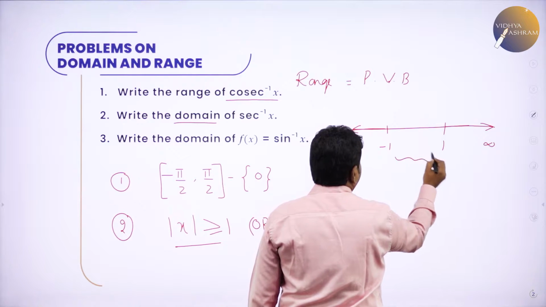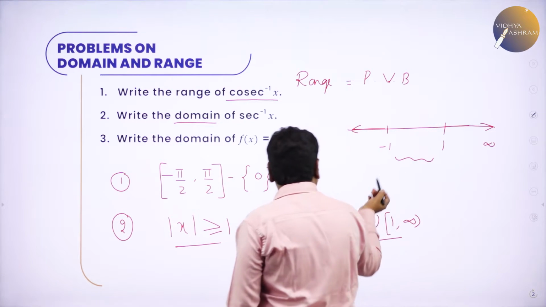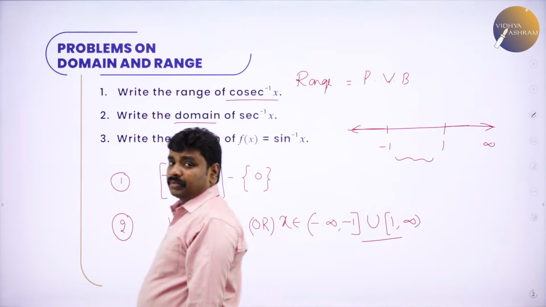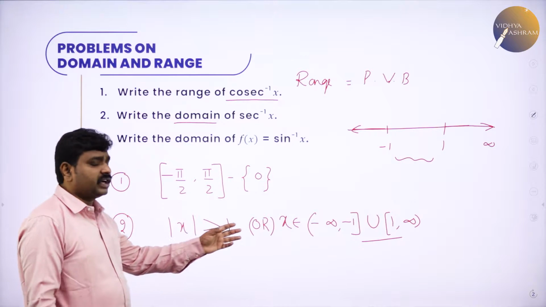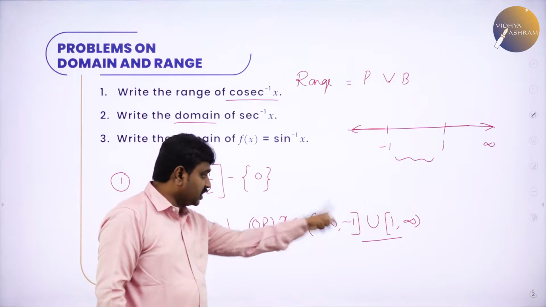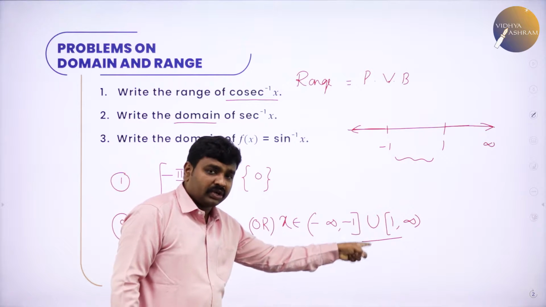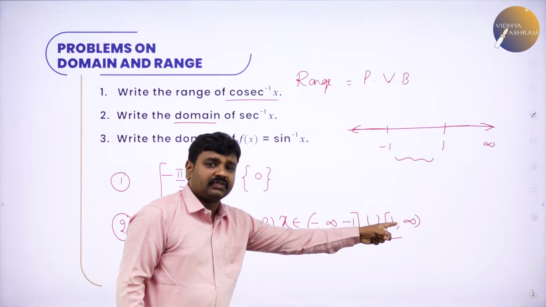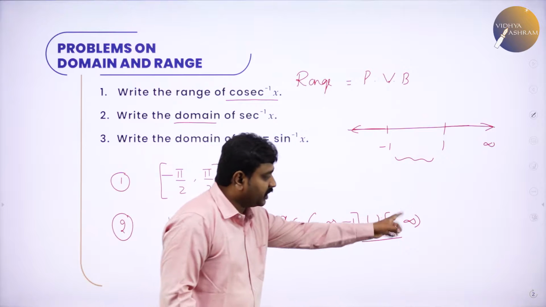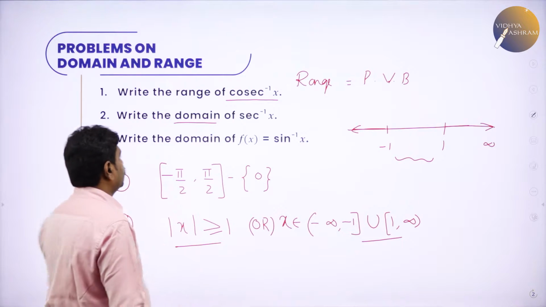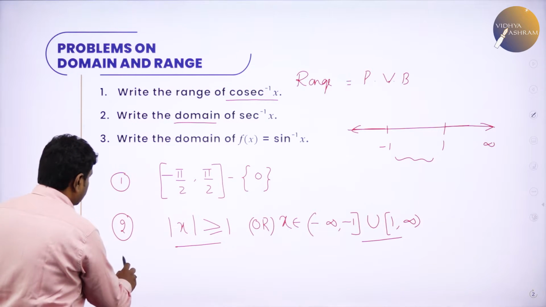This part is for sine inverse, remove that, but include these two. You can write mod x greater than or equal to 1, or you can write x belongs to minus infinity to minus 1 including minus 1 union 1 to infinity, closed interval 1 to open interval infinity. Anything is fine.